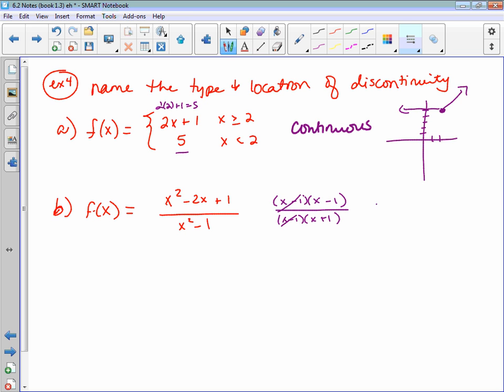So from that we have removable at x equals 1. And then I still have something left in my denominator, so I have infinite at x equals negative 1. So you'd have an asymptote there, and you'd have a hole if you were graphing this.